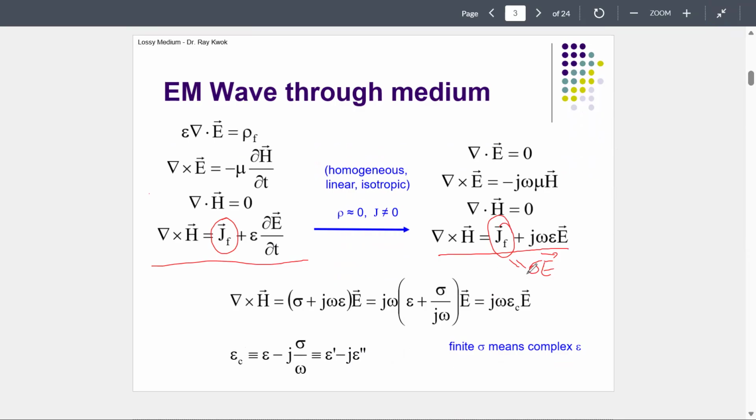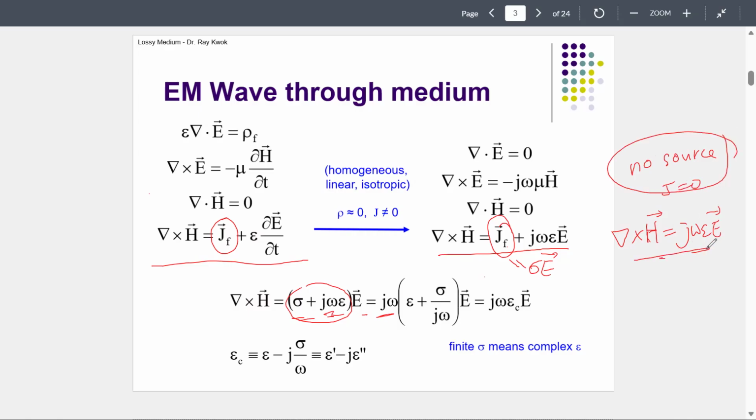So if I write J as sigma times E, I can rewrite it, just factorize it, E here, and then here I factorize J omega. And then I say, wait a minute, this form looks very much like the case where there's no source, where we said J is equal to 0 before. This is what we have, right?